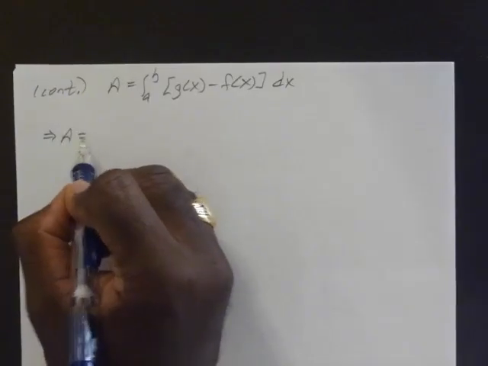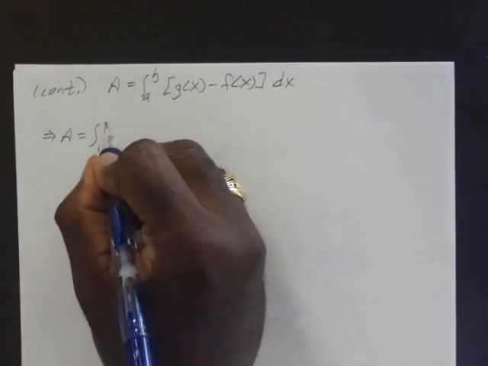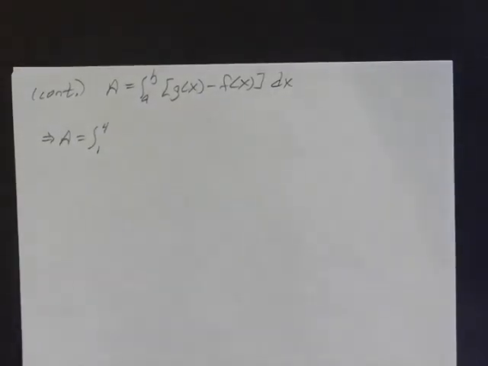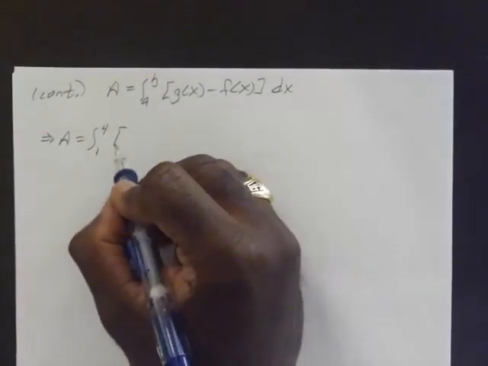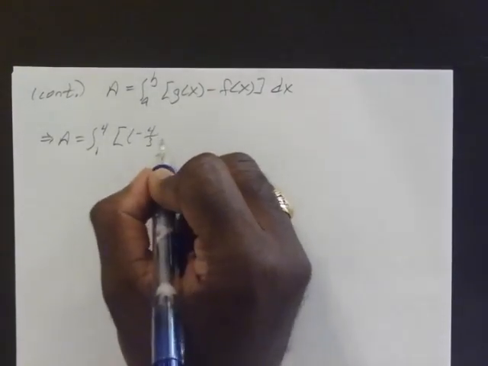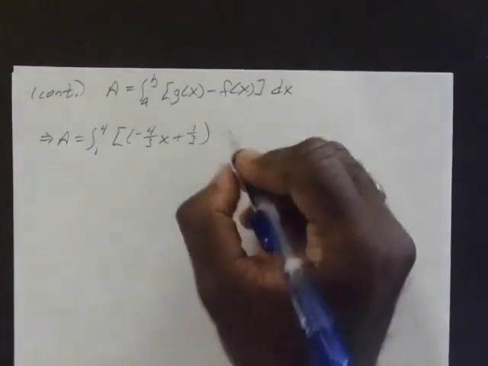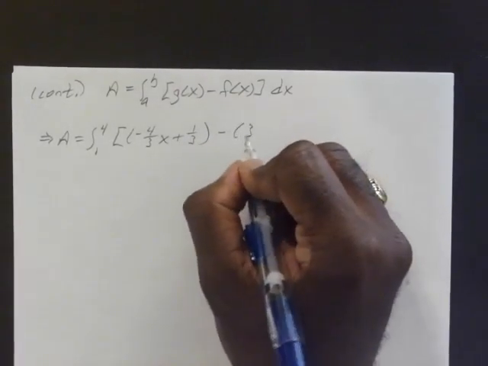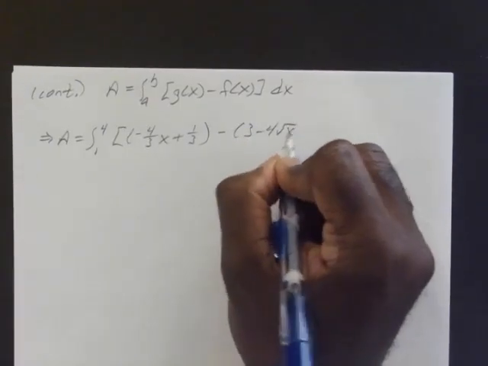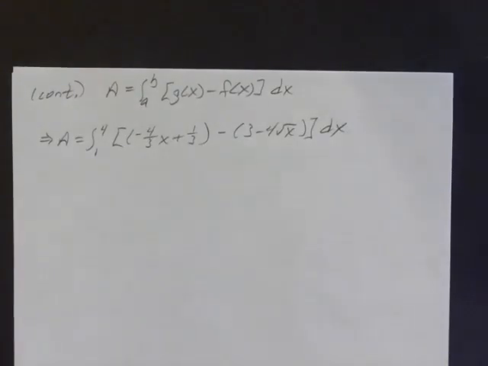Which means your area is going to be equal to the integral from 1 to 4 of g of x, which is negative 4/3 x plus 1/3, minus f of x, so minus 3 minus 4 square root of x with respect to x.